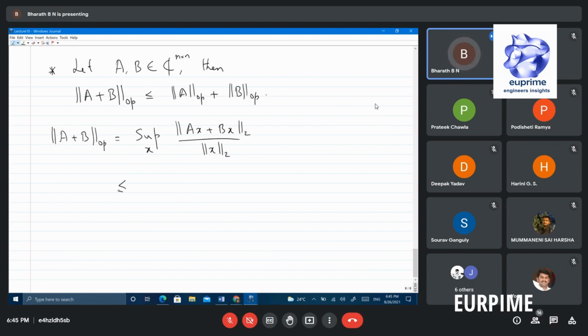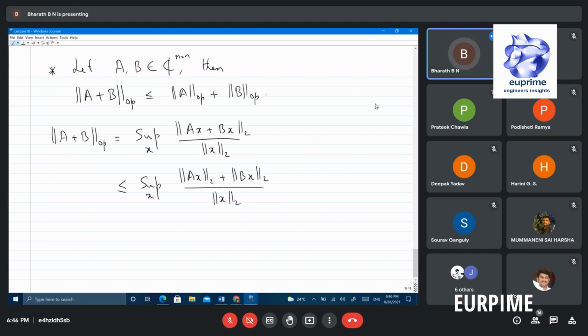So by the triangular inequality, I can write this. Fine. This is also easy. What next? If I can split the supremum, then I'm done, right?